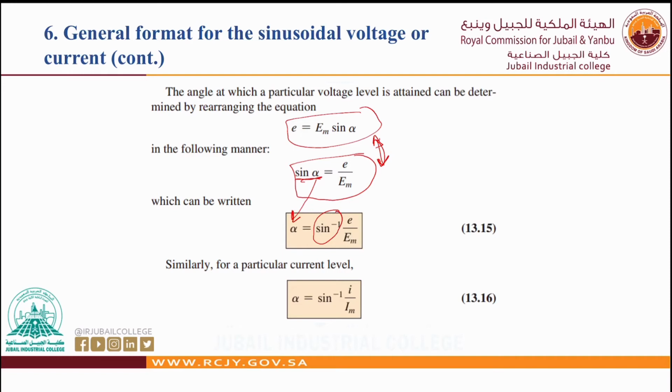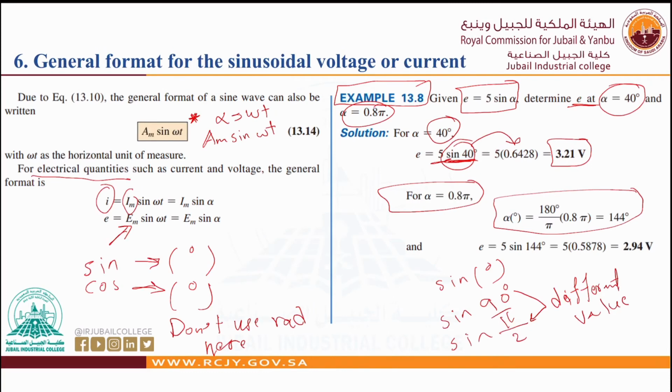And also for the current is the same idea. Sine inverse, I should use sine inverse. Guys, you shouldn't memorize it. This is easy because if you have e equal to Em sine alpha, so e is, we already have an example for it, and the answer is, let's say 3.61. I don't remember. Sorry, this is the one, 3.21.